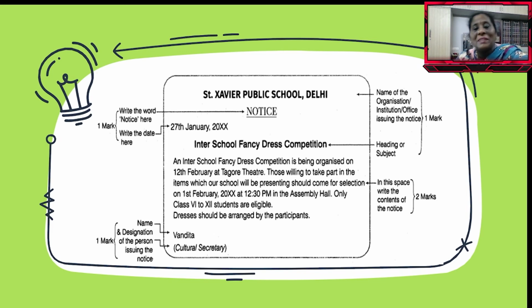Usually, whenever we have an internal exam, maybe in 6th, 7th, 8th, we have this way of marks distribution, but CBSE has it only for 4 marks, where your content gets 2 marks and the presentation gets 1 mark and your title, the date, and all those things get 1 mark.